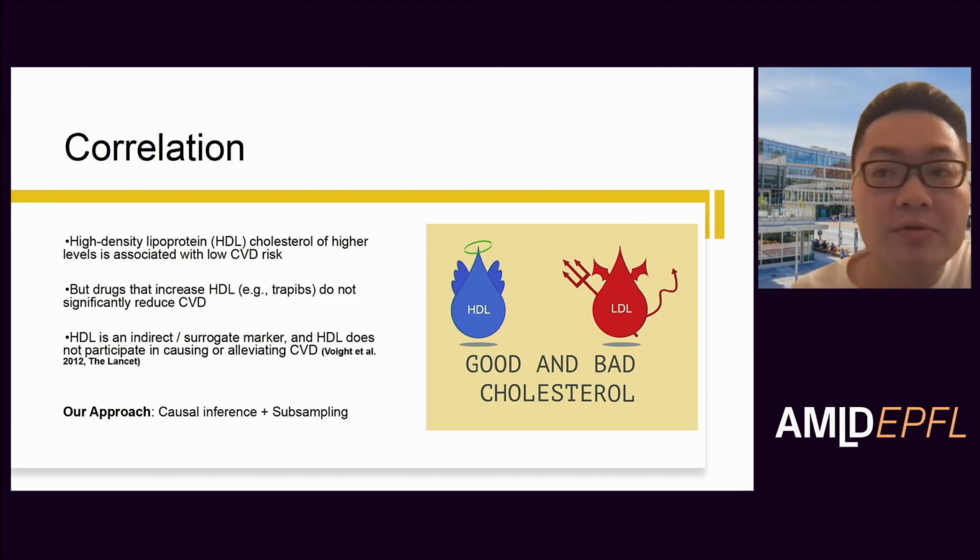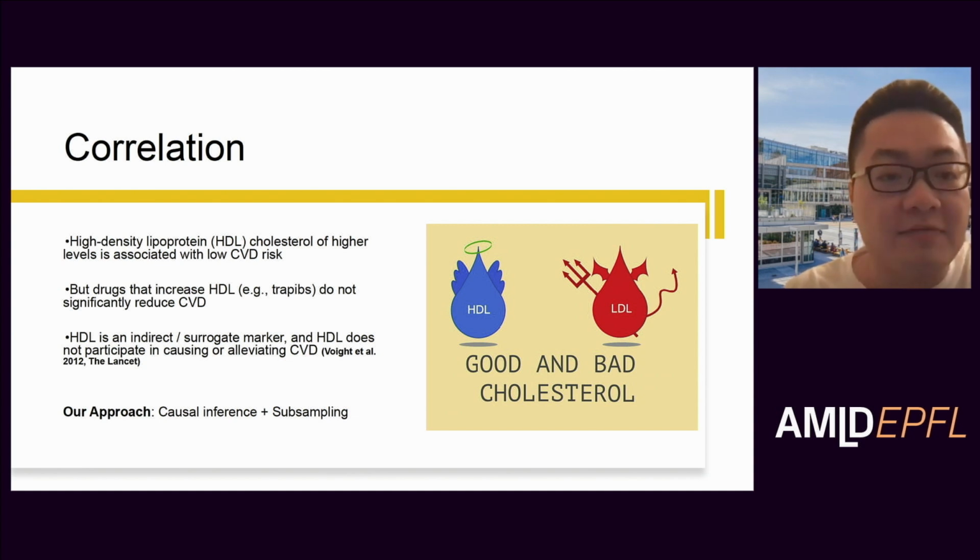One motivation is that we don't want to have spurious correlation. For example, there is a famous study by a group of Harvard scientists. They found that, for a group of patients, HDL is associated with CVD, especially a higher level of HDL being positively associated with a lower CVD risk.